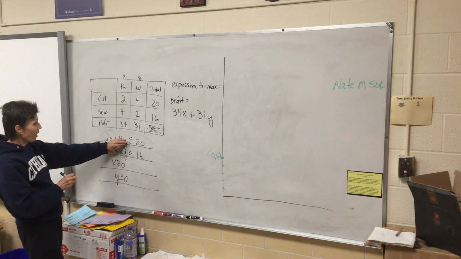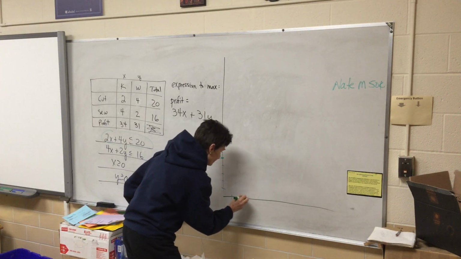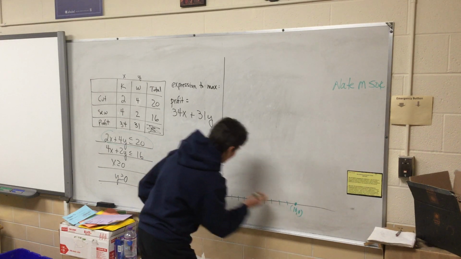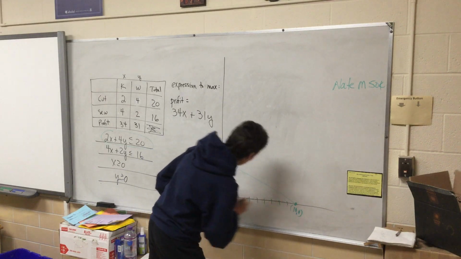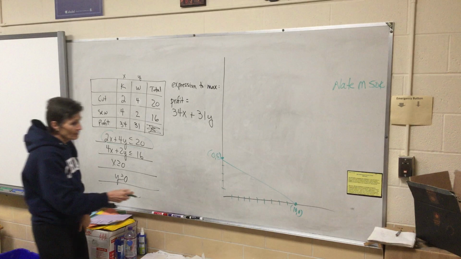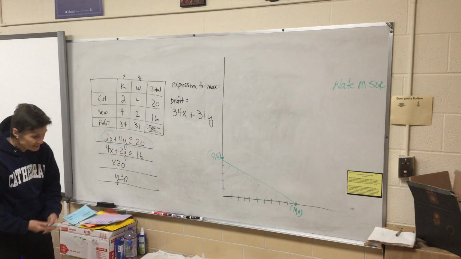And then I'll cover up Y, and that means X is 10. Connect them with as straight a line as I can. And shade underneath. Anybody have a question about that piece of the graph?